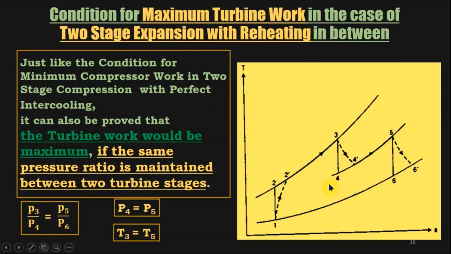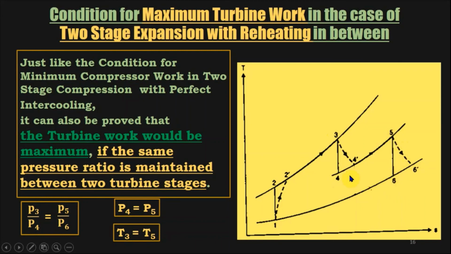A cycle like this we have considered already. The first stage high pressure turbine expansion is 3-4 isentropically, and in the actual case 3-4'. The second stage low pressure turbine expansion is 5-6' in the actual case, and ideally it is 5-6.